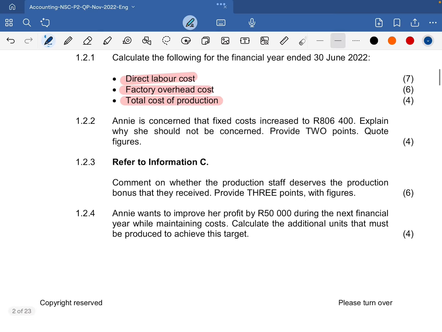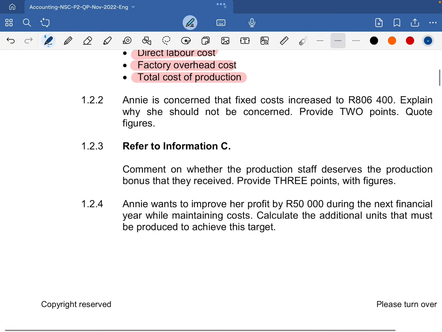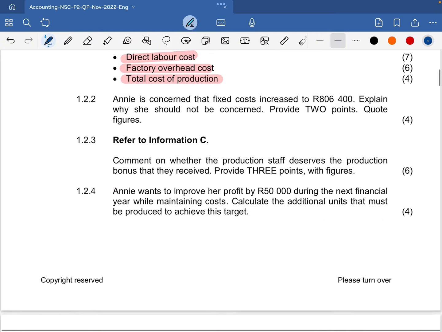Then now we'll move to 1.2, which says Any is concerned that fixed costs increased to 806,400. Then we are supposed to explain why she should not be concerned, provide 2 points, and quote figures. So before you start a question where you need to comment, you need to have three components in your response.